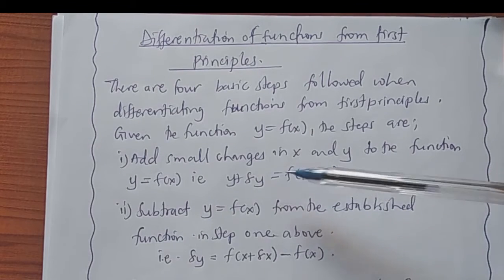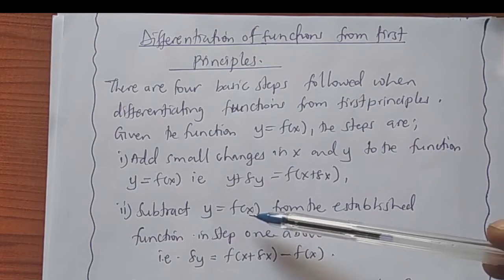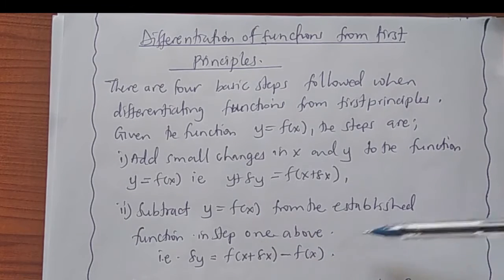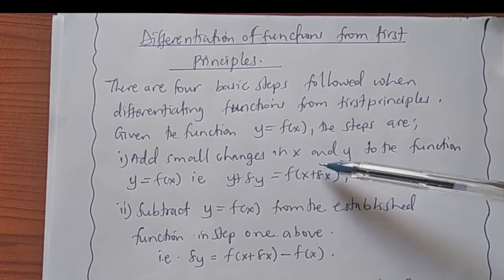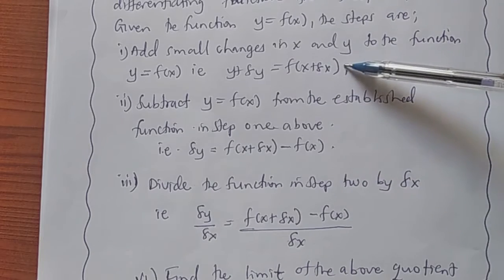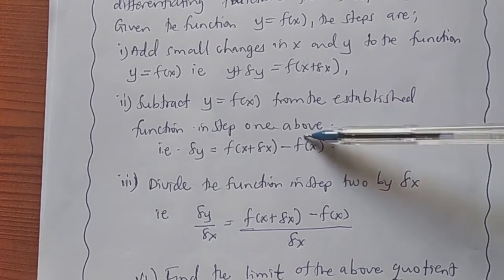Then subtract the y is equal to f(x) from the established function as in step 1. So I'm going to subtract y. So my y, I subtract the y, but the y is equal to f(x).